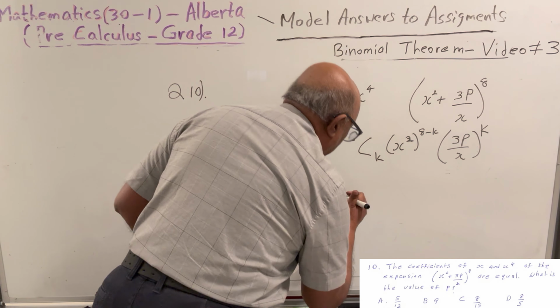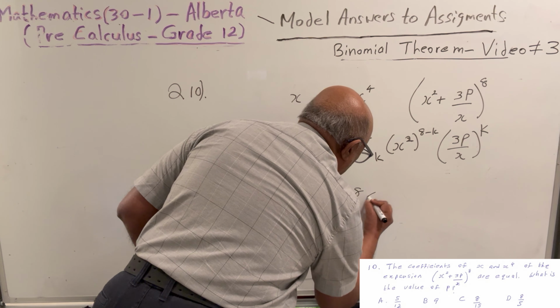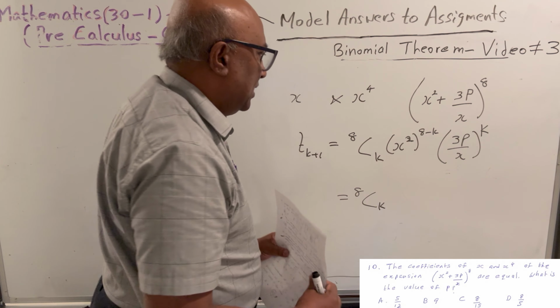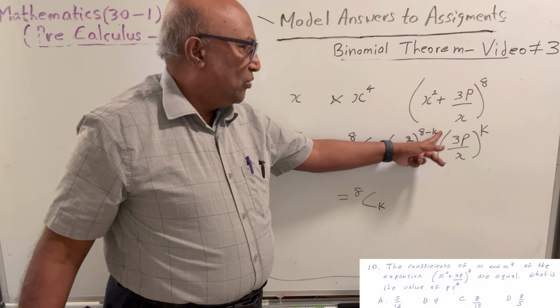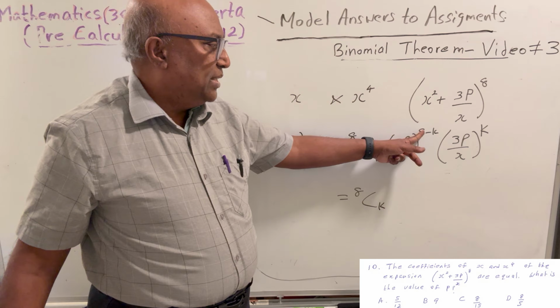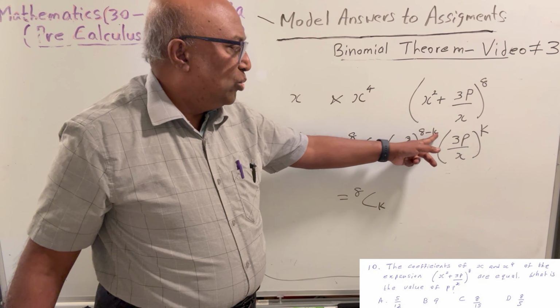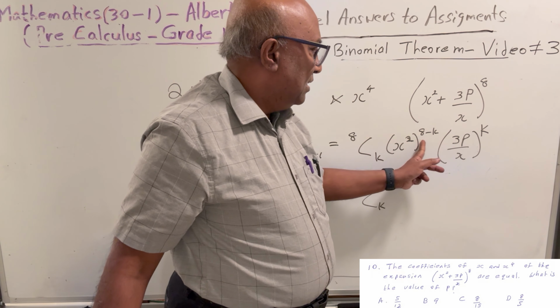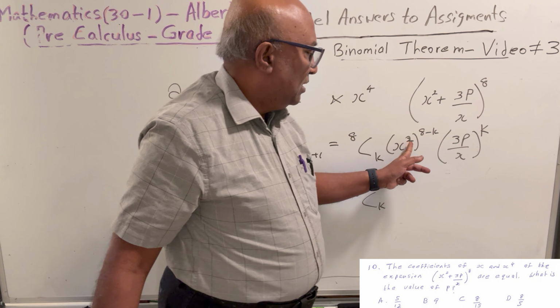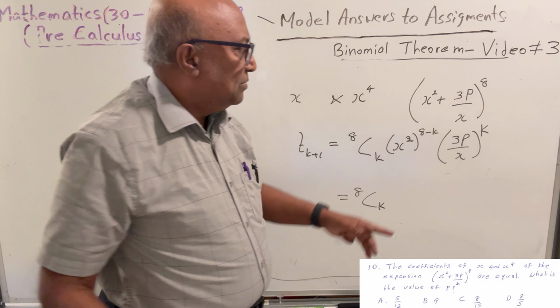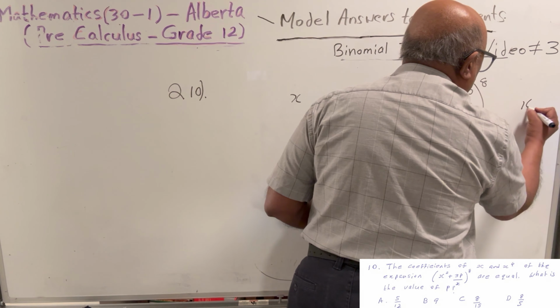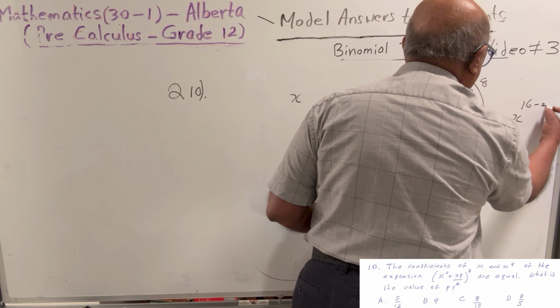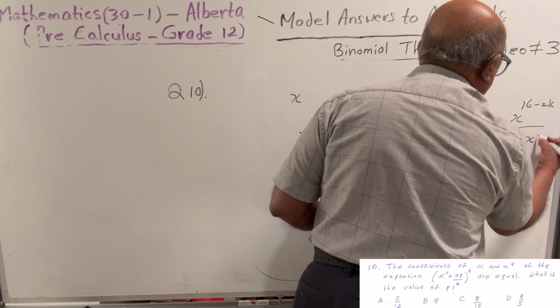Now let's simplify this using the knowledge of exponents. What's the exponent of x here? 2 times (8 minus k), that is 16 minus 2k, but there is an exponent in the bottom, x to the power k, so you have to subtract this exponent. On the top you have x to the power 16 minus 2k, in the bottom x to the power k.